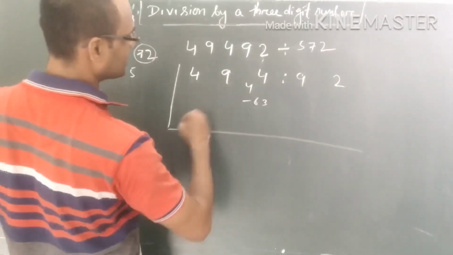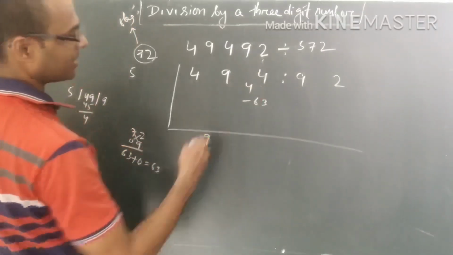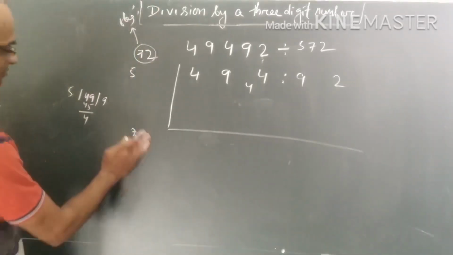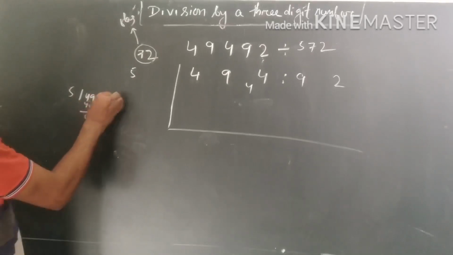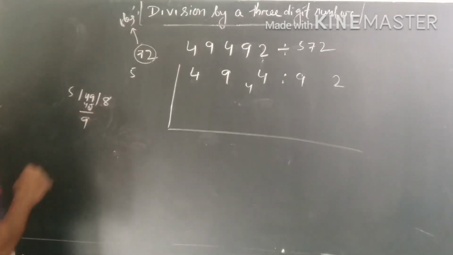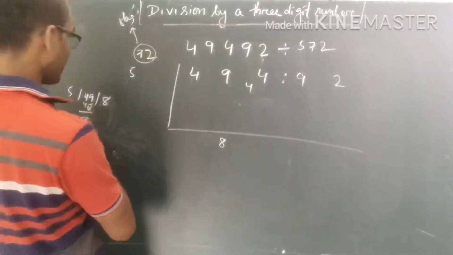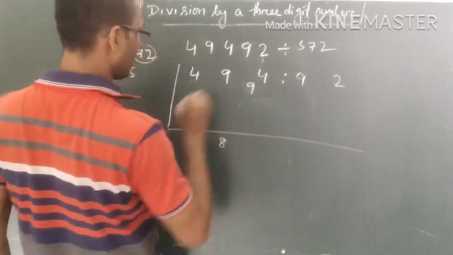If you subtract 63 here, it will be negative. That is why you have to go one step backward. Means 5 into 8, 40, remainder is 9. So write 8 here and the remainder is 9 now.